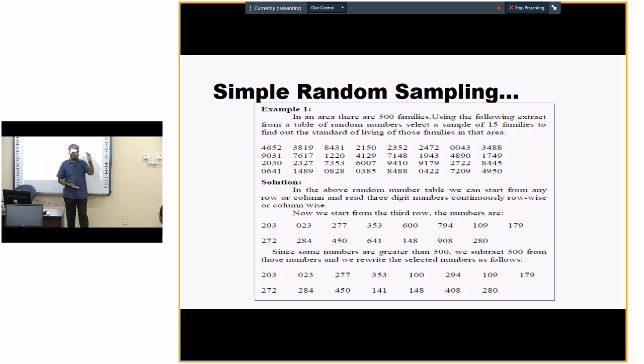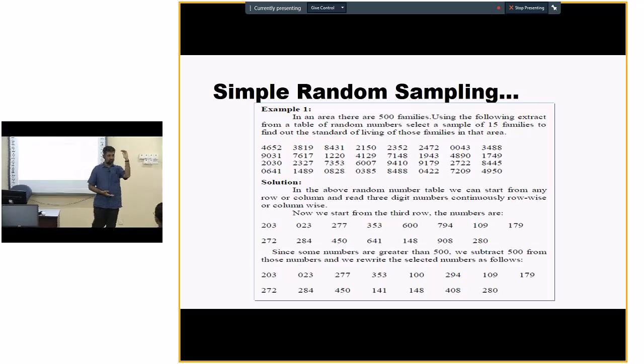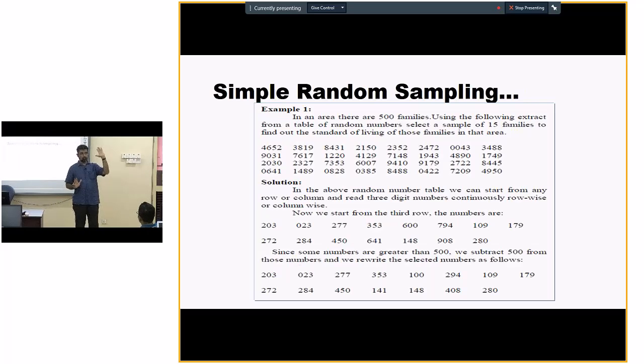Now I should have a list of 500 families, otherwise I cannot apply random sampling, right? In some cases they say they randomly selected. That is wrong, right? Without having a sample frame or list of your population, you cannot apply simple random sampling, right?